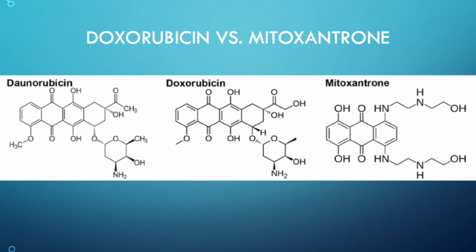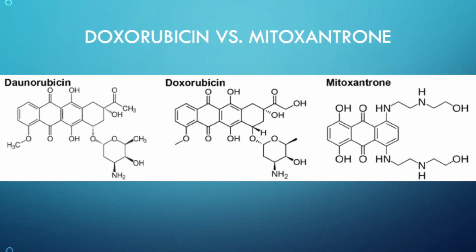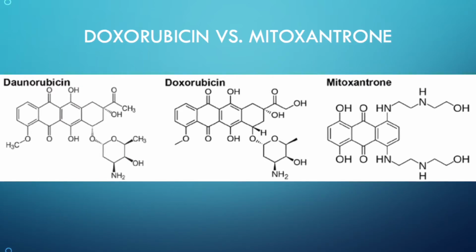So mitoxantrone can also be used in the patients who are not able to tolerate the adverse effects, especially the cardiotoxicity from doxorubicin. Or mitoxantrone can also be used in patients where they have reached the lifetime dose of doxorubicin.